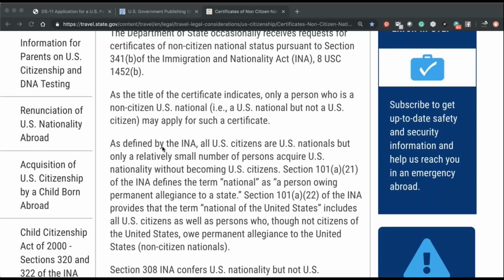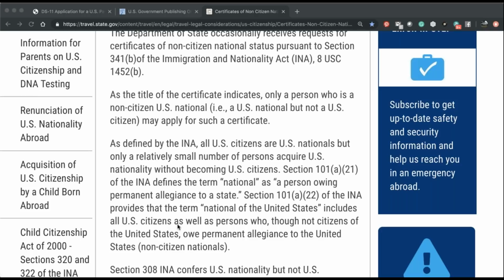As defined by the INA, all U.S. citizens are U.S. nationals, but only a relatively small number of persons acquire U.S. nationality without becoming a U.S. citizen. Section 101(a)(21) of the INA defines the term national as being a person owing permanent allegiance to a state. Section 101(a)(22) of the INA provides that the term national of the United States includes all U.S. citizens.